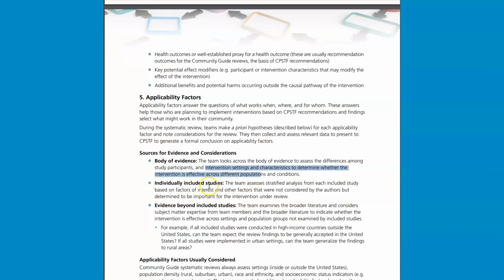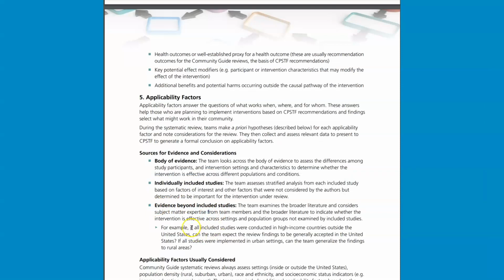Also, individually included studies. Are these studies based on factors of interest where other factors were not even considered, but determined to be important for the intervention under review? Also, evidence beyond the included studies. There might be something else that is not being considered.